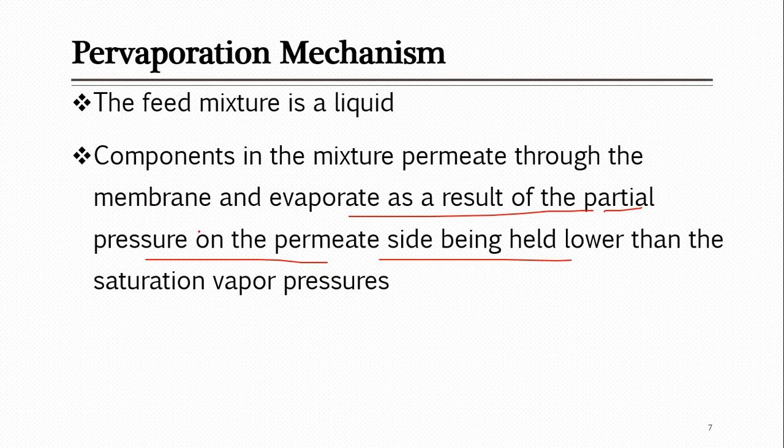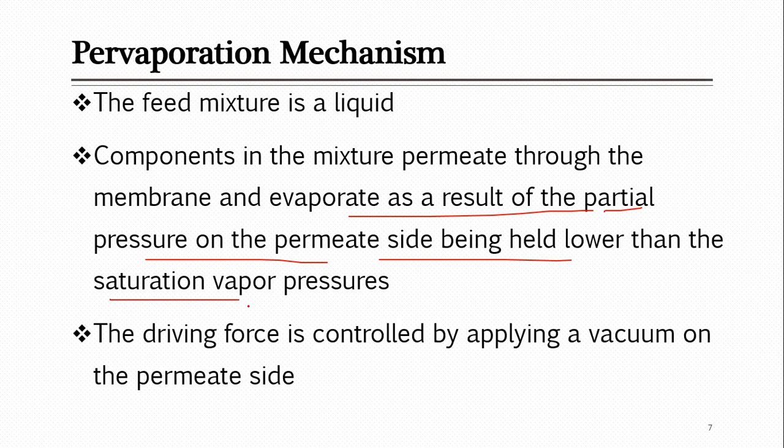So at the end they are actually lower than the saturation pressure. When the surrounding pressure is lower, due to this vacuum, due to this low pressure, evaporation takes place and their phase is converted from liquid to vapor. The driving force is controlled by applying the vacuum.